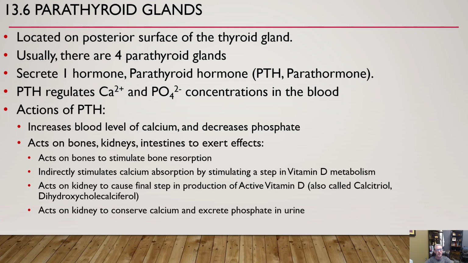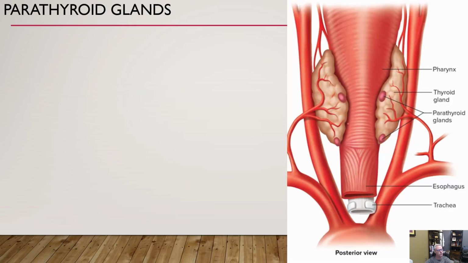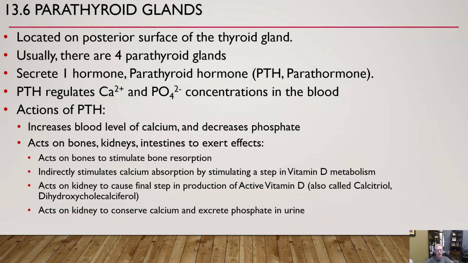Now, your parathyroid glands are located on the back side, or the posterior side, of your thyroid. So here's looking at the back of the thyroid gland. You can see there's 4 parathyroid glands. And they secrete only one hormone called the parathyroid hormone, or PTH, or parathormone.